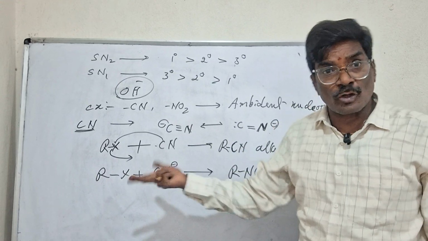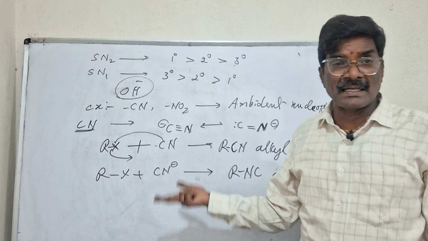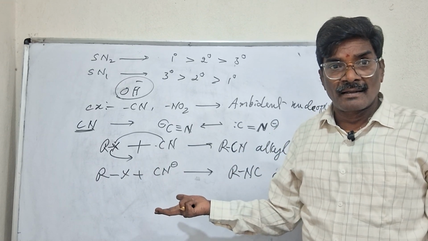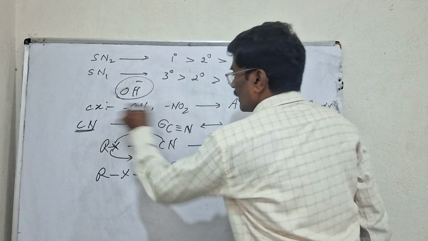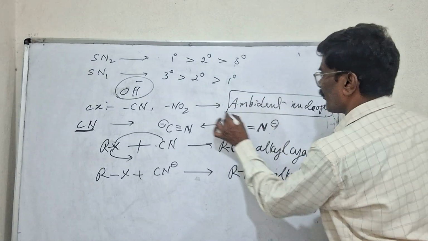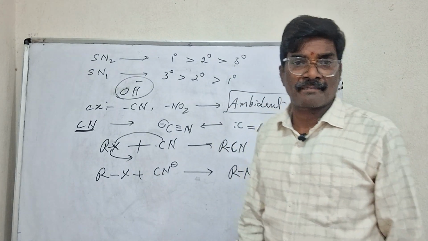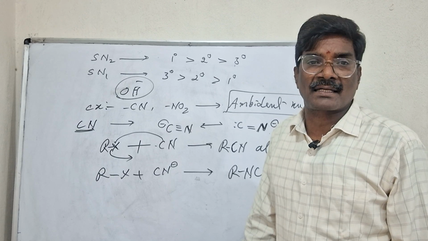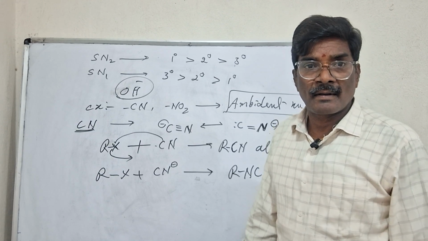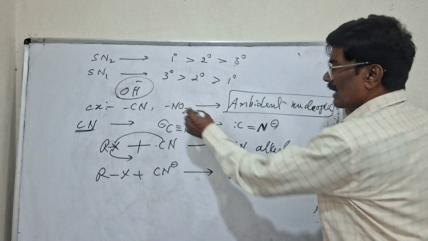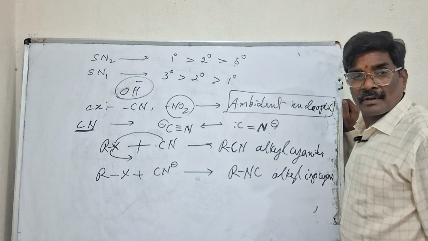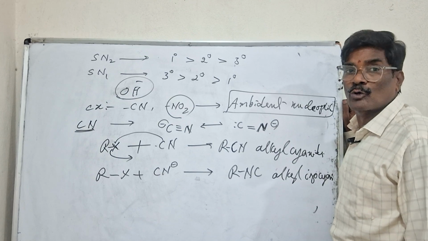So different products have different properties. Such species are called ambident nucleophiles. There are two choices for the nucleophile to attack in a chemical species. Now when you come to the NO2 nitro group, the nitrite group.